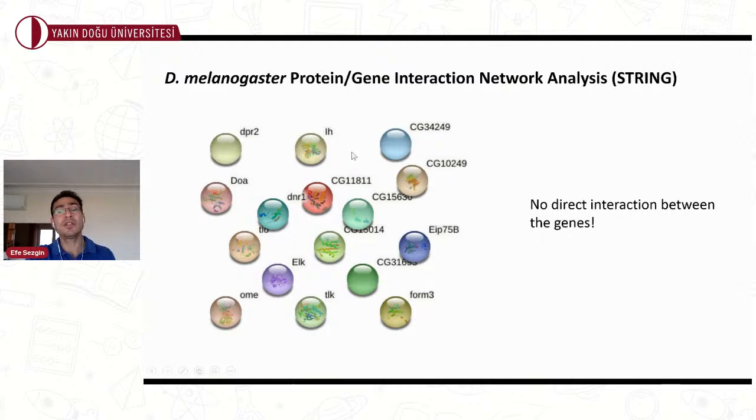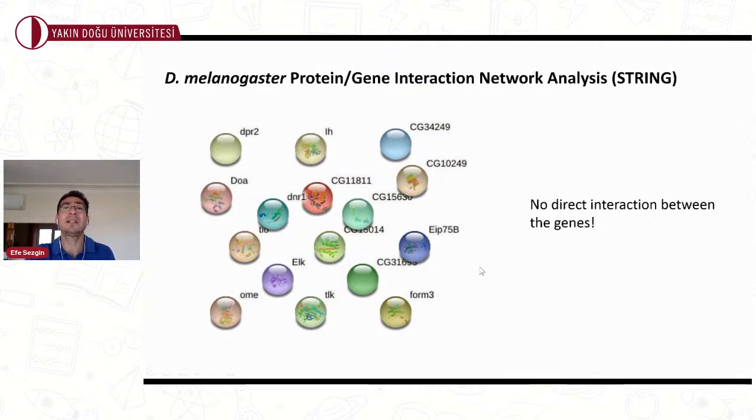These are the genes that influence the Basidiomycota levels and the triglyceride levels, all put into this network analysis tool. This tool searches whether there is any potential gene, protein, and so forth interaction between them. Okay, and it doesn't find anything.